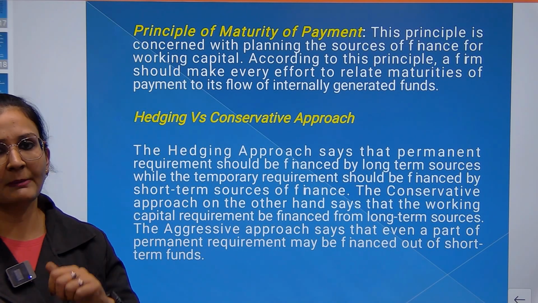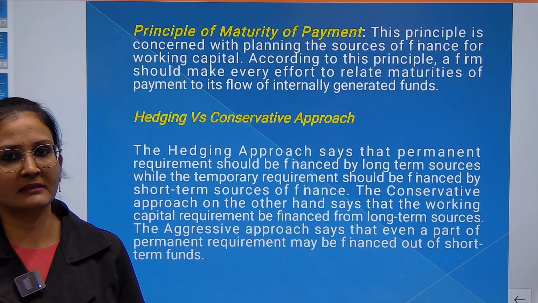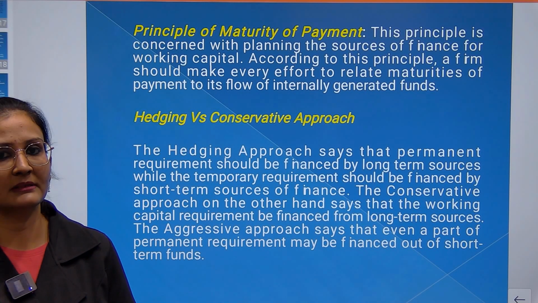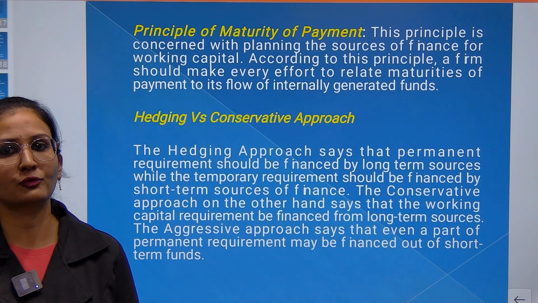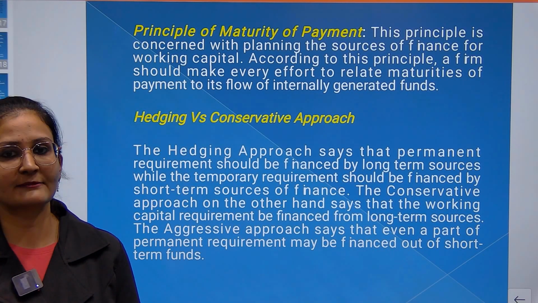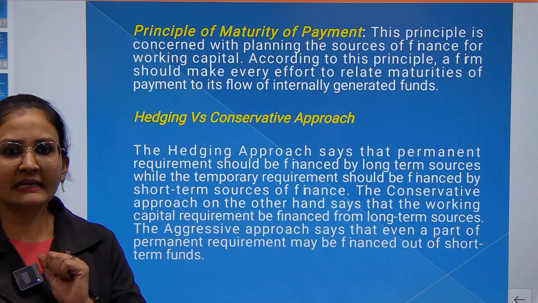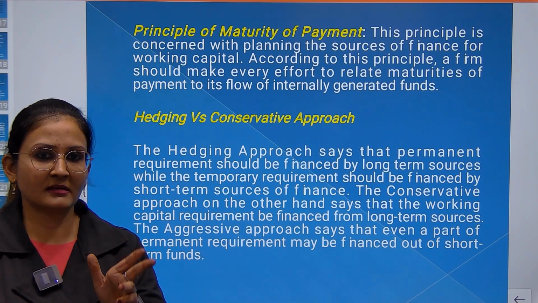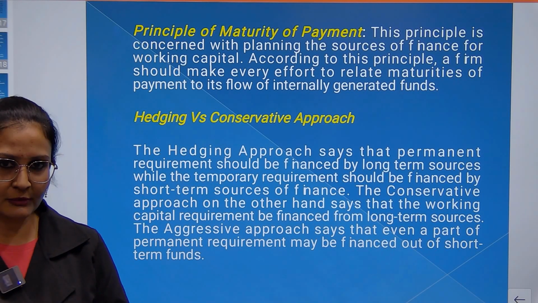Next, principle of maturity of payment. This principle is concerned with planning the source of finance for working capital. So according to this principle, a firm should make every effort to relate maturity of payment to its flow of internally generated funds. Next is hedging versus conservative approach. These two approaches are very important under working capital.